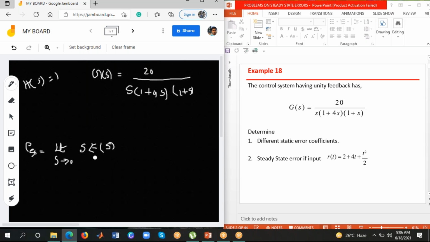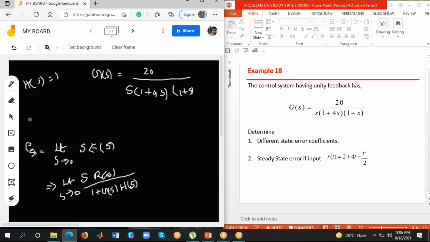And if you substitute E of s here, then you will get limit s tends to 0 of s into R of s divided by 1 plus g of s into h of s. So this is the formula.